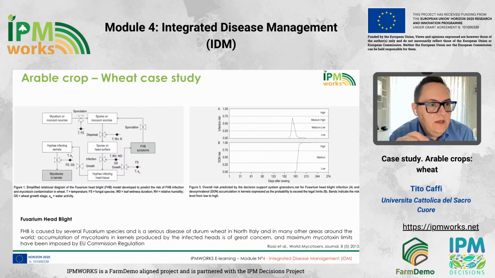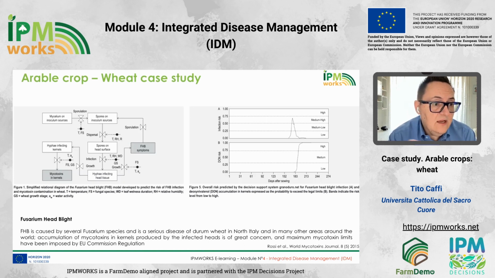And actually, we developed a specific epidemiological model you can see on the left of your screen, starting from the mycelium on the inoculum source, how the spores are dispersed, how they can reach the head surface, and if they are infecting. So from one side we can have Fusarium head blight symptoms, so let's say the appearance of the disease, so how much is the risk of having infection.